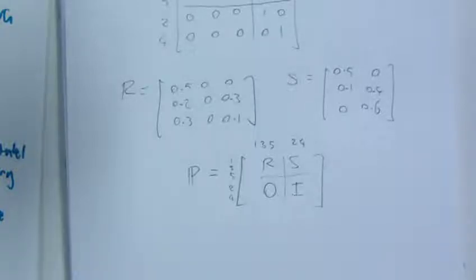Okay. So there's this thing in the notes which says that if your matrix is in block diagonal form like this, then you can shortcut the process of multiplying and not do all of it at once.